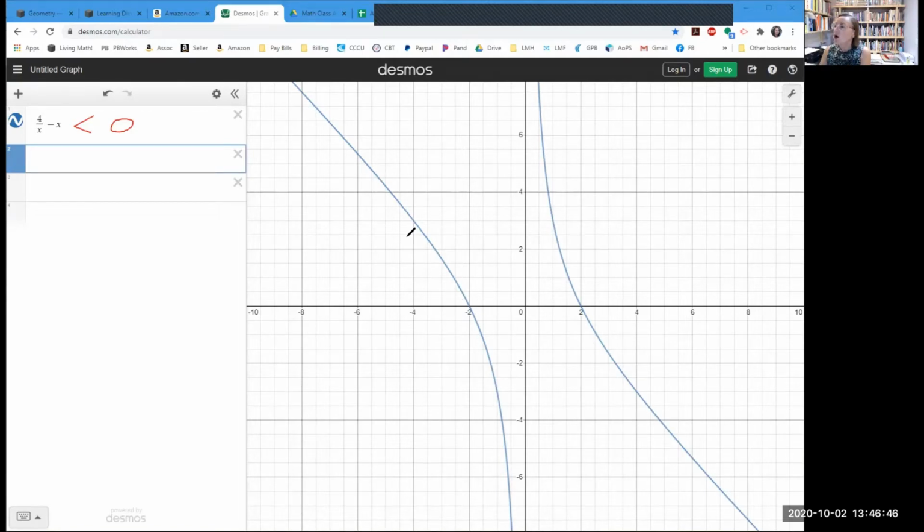Everything here is positive, but decreasing, the function going from left to right is going to be decreasing. Everything I'm talking about is coming up in chapters 2 and 3. We get to -2, and there we go. So everything from here forward, this is my negative, right? Everything down here.